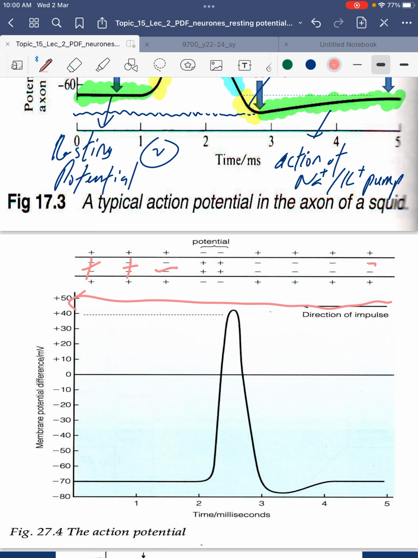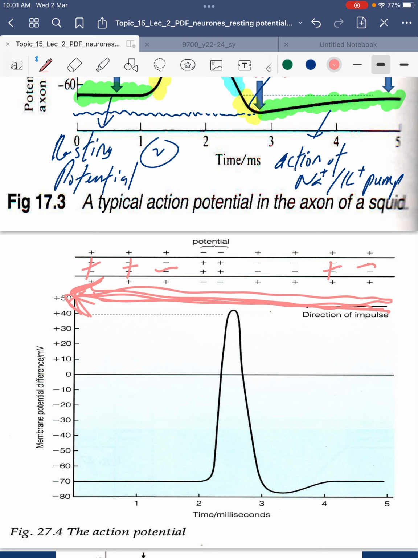If this region is positive, it will make the next one positive, but then the previous region will go back to negative, and so on and so on. This is the propagation of nerve impulse in non-myelinated neurons.